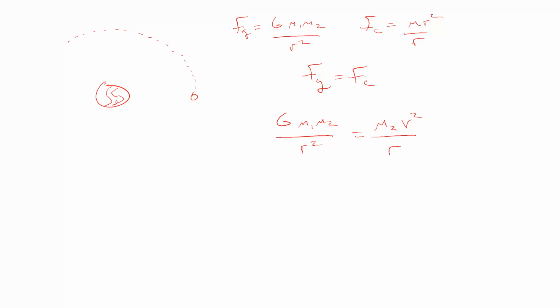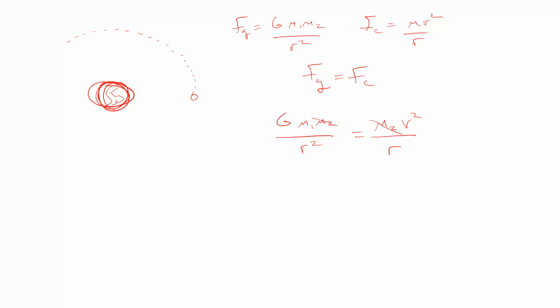Now we can start to simplify a couple of things. Since it's the satellite that's in orbit, the satellite's mass really doesn't matter. It's only the mass of my planet down here that determines the magnitude of the gravitational attraction.